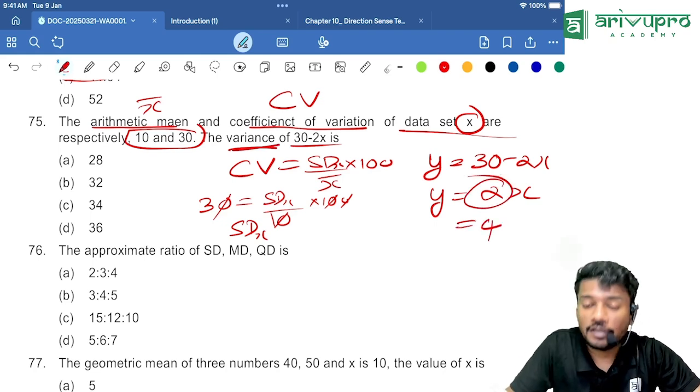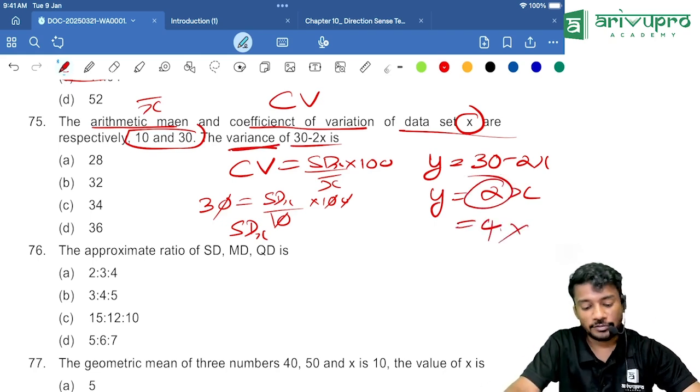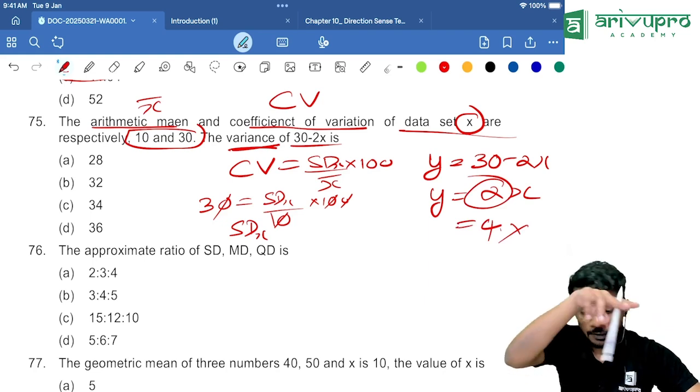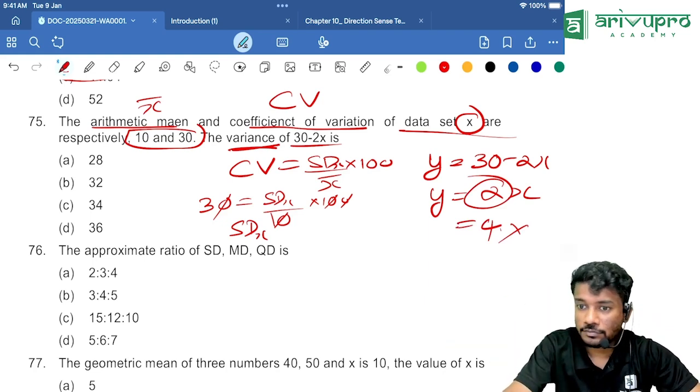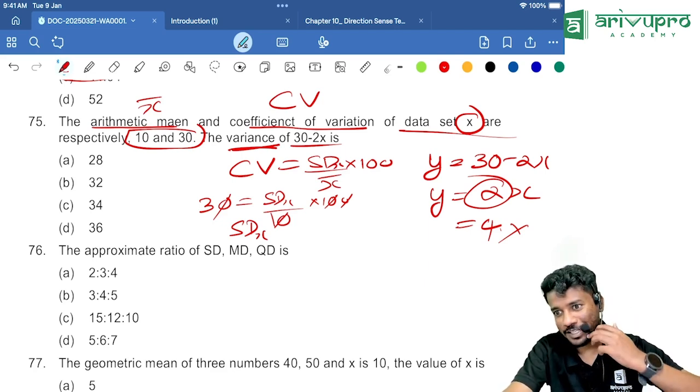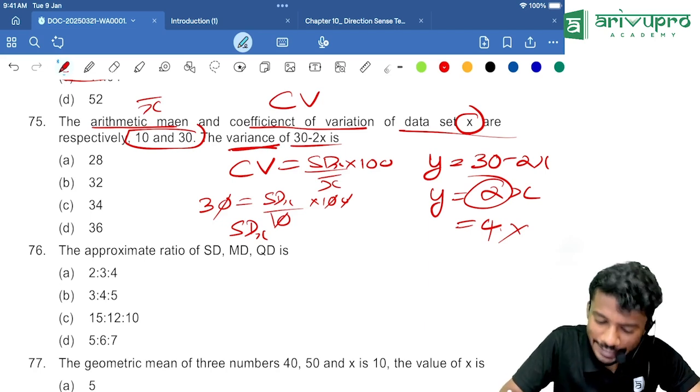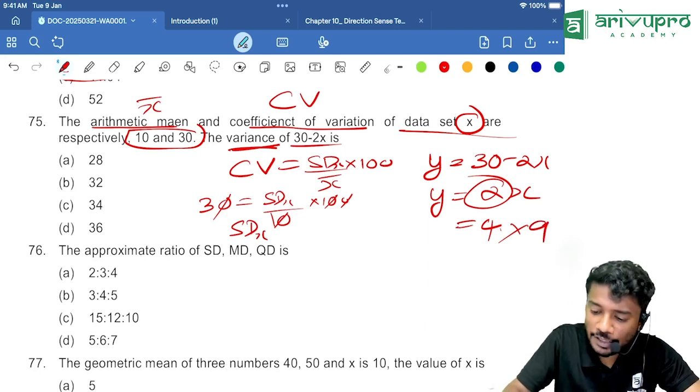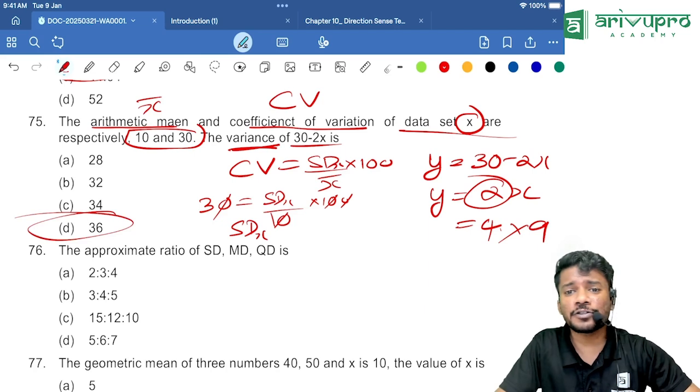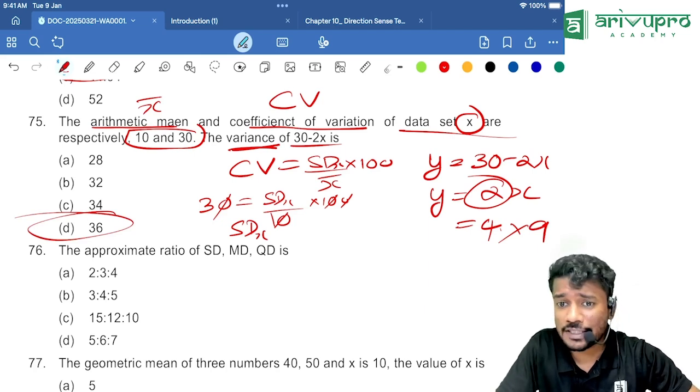That is 4 into 9. For standard deviation, you want to square. What is the answer? 36. Yes, got the answer right.